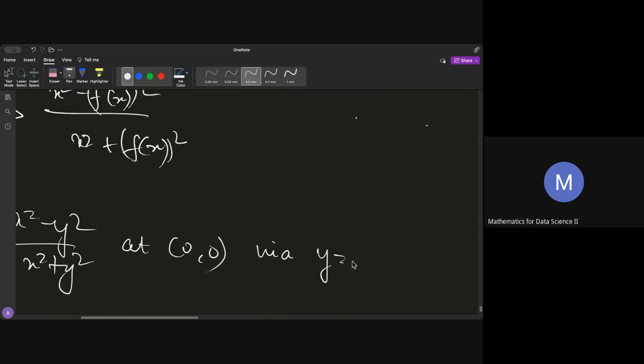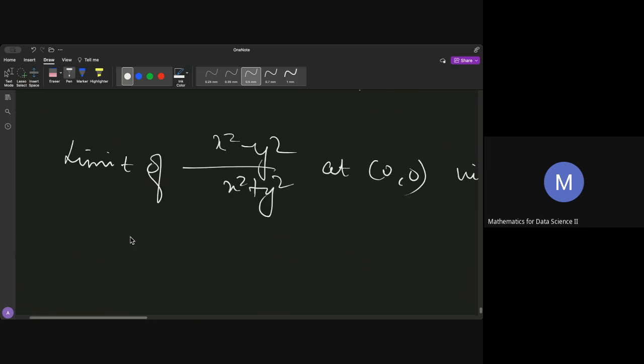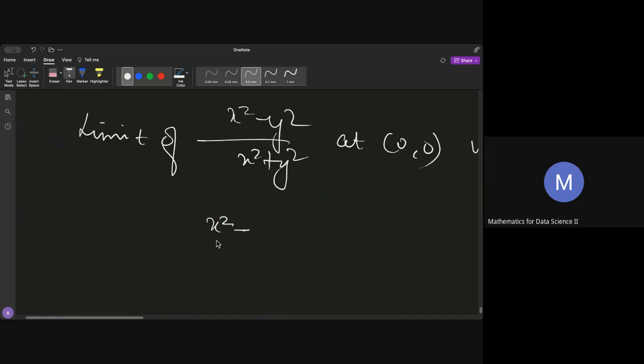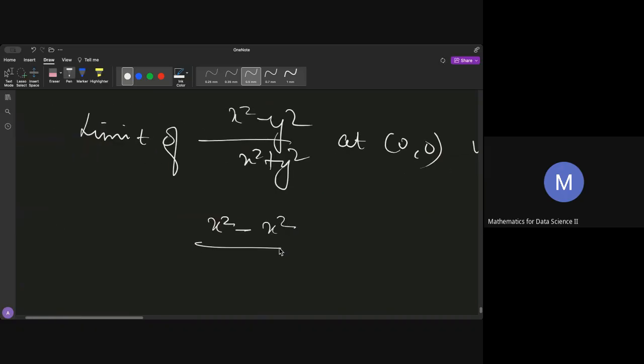Via the y equals x curve, it will be x square minus, in place of y, I'll put x. So you will have (x square minus x square) by (x square plus x square), limit x tending to 0, right?